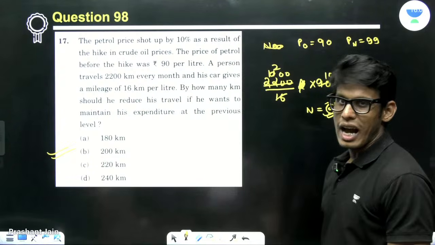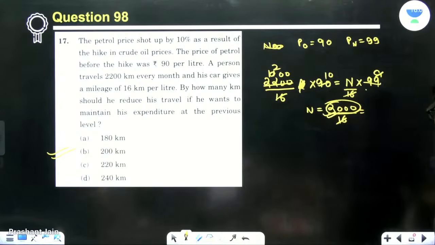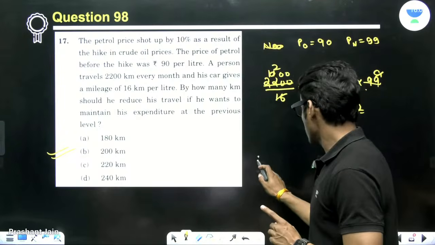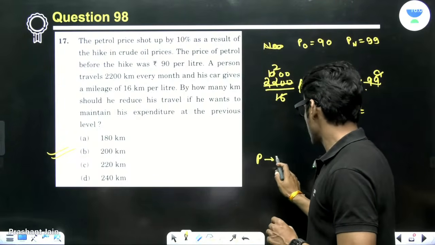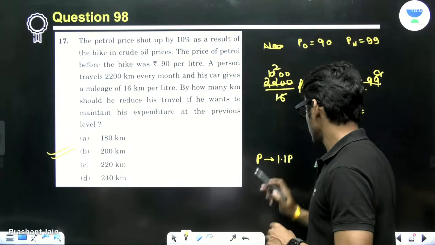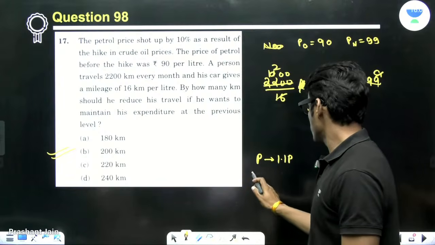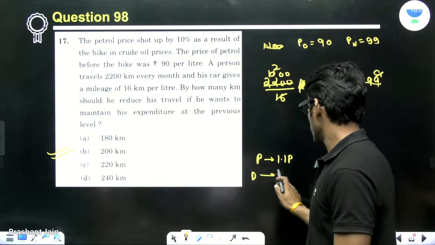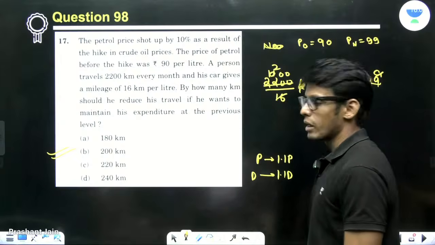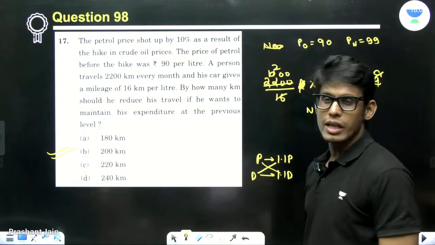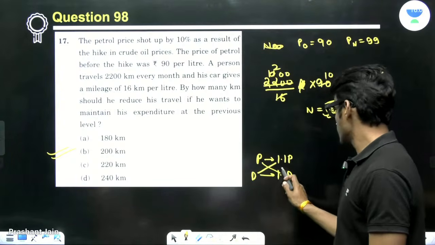See, I could have done it in a very easy manner. If the answer is B, yes, the answer is B. What is happening? Petrol is becoming 1.1 times, so the distance has to decrease by 10%.